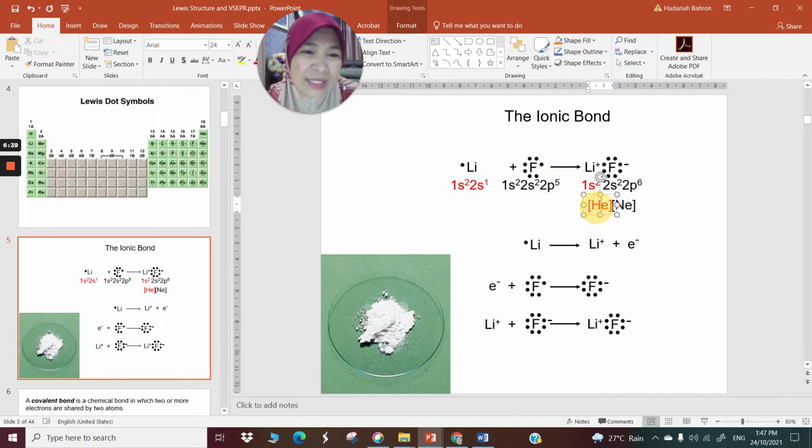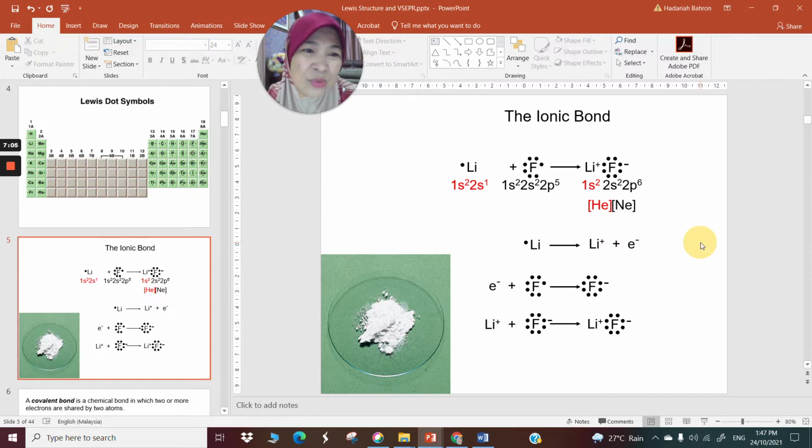So you have lithium having the electron configuration of helium, which is a noble gas, whereas fluoride has the electron configuration of neon, which is another noble gas. That is actually the absolute aim of each element that bonds with another: to have the electron configuration of the closest noble gas.